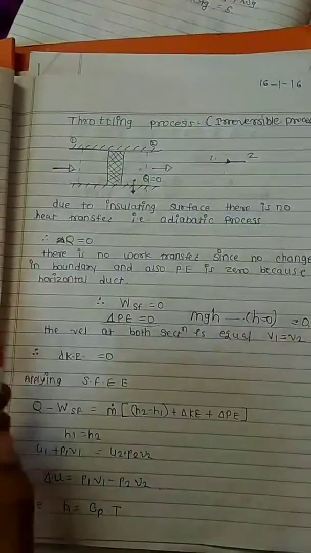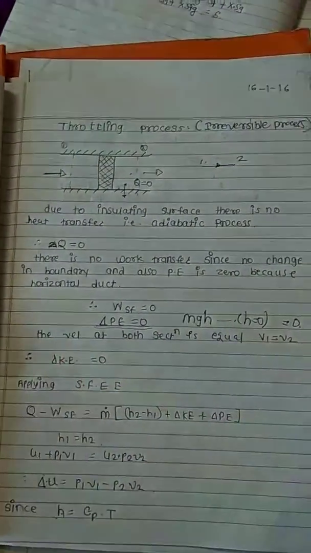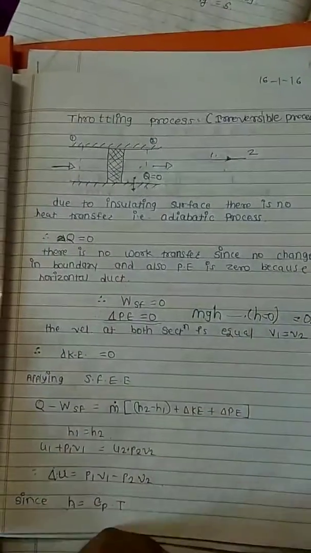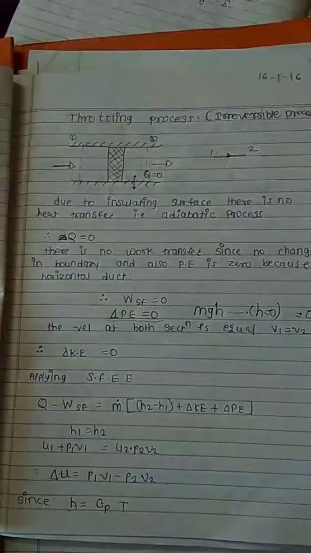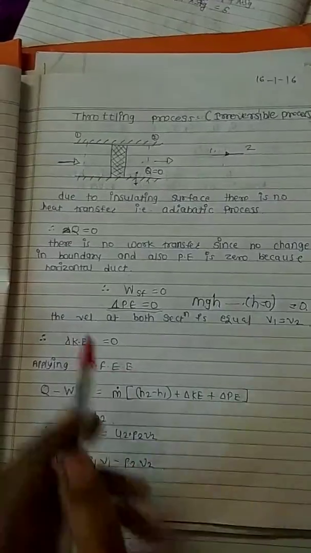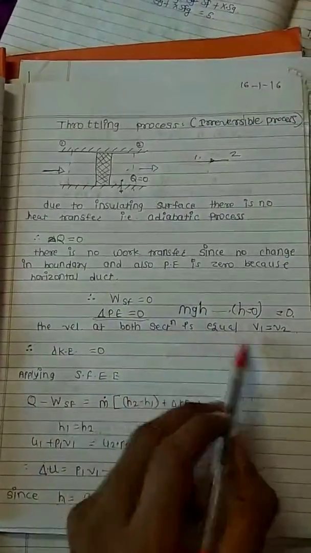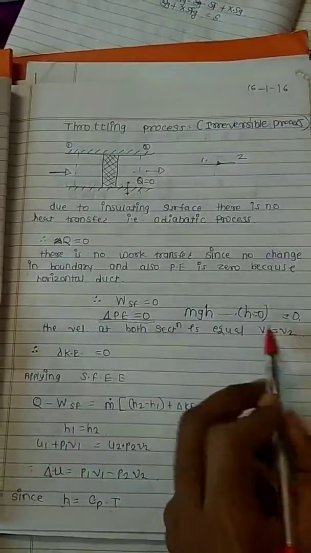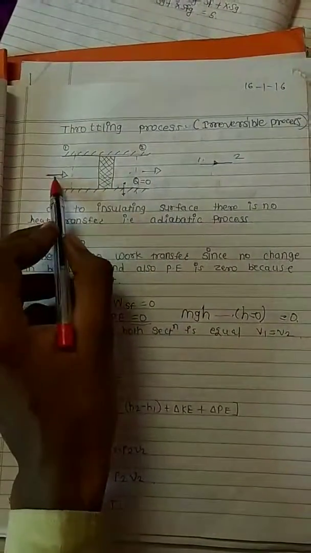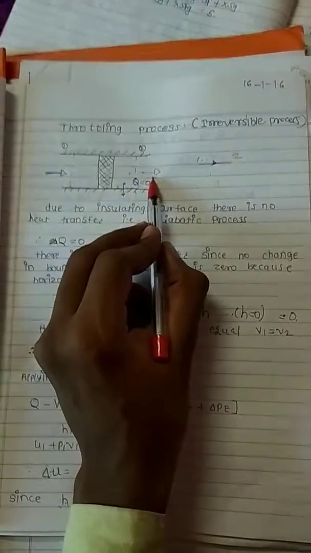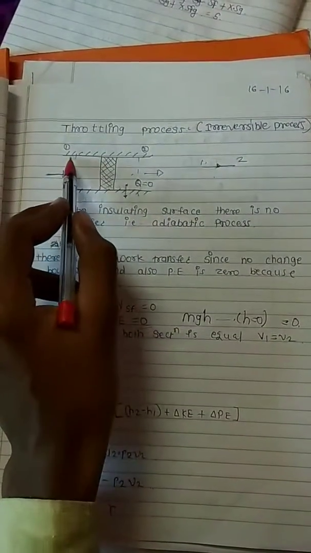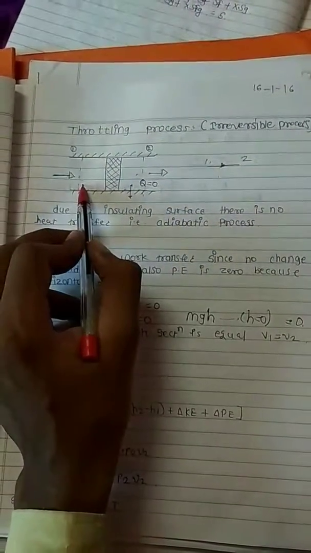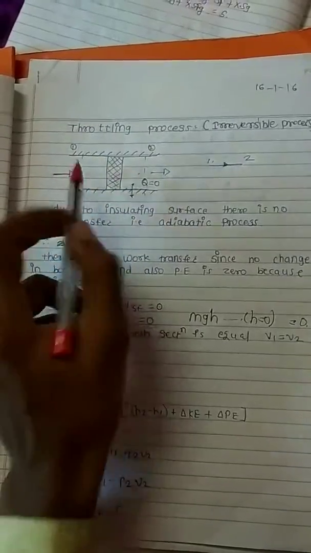And due to the constant boundary, the steady flow work is also 0. The velocity at both sections is equal, that means v1 is equal to v2, because the cross-sectional area of this device is the same.